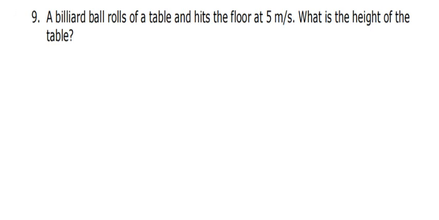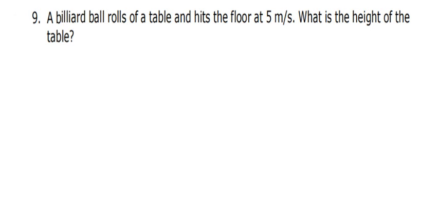Okay, let's now solve question number 9. We are asked: a billiard ball rolls off a table and hits the floor at 5 meters per second. What is the height of the table?